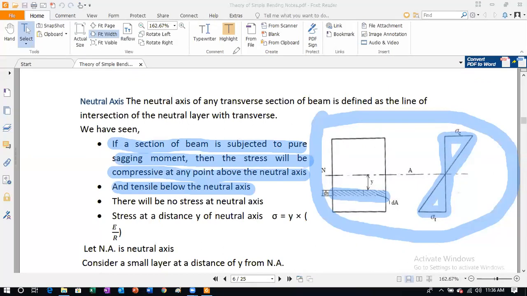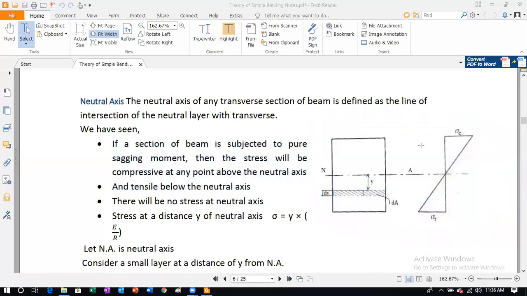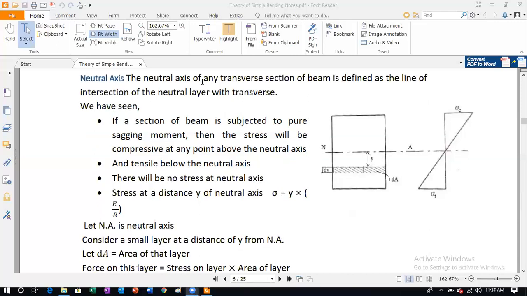We have already discussed that in a rectangular section, the upper fiber from the neutral axis will be in compression and the lower fiber below the neutral axis will have tension, right? So for that, we can easily draw the compression diagram. That will be like this.